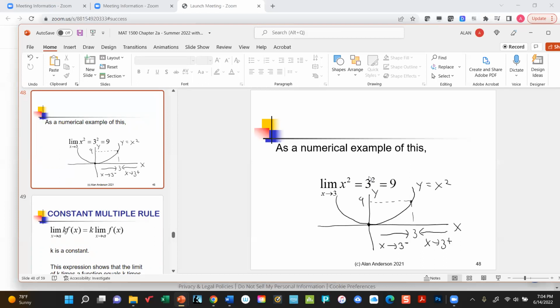No matter how you approach 3, you're going to keep getting closer and closer to 9. That's why the limit is 9, because no matter how close we get, eventually we'll find ourselves with a value of y equal to 9. So that's a very straightforward example.